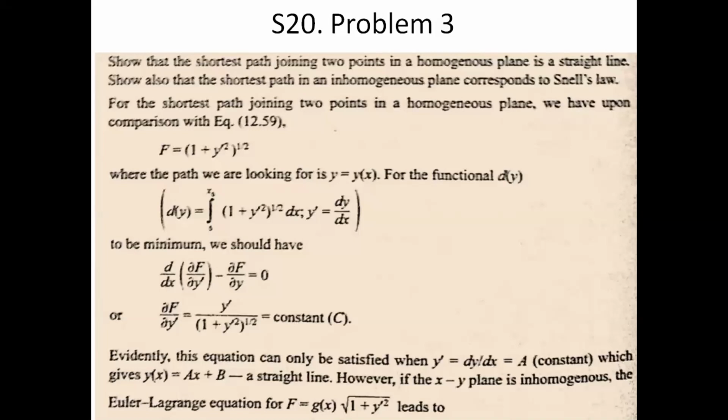I have identified the functional, and I need to show the path is shortest. So I had taken distance d, and I had used the Euler-Lagrange equation followed by the Beltrami identity, which for the homogeneous medium gives a straight line.